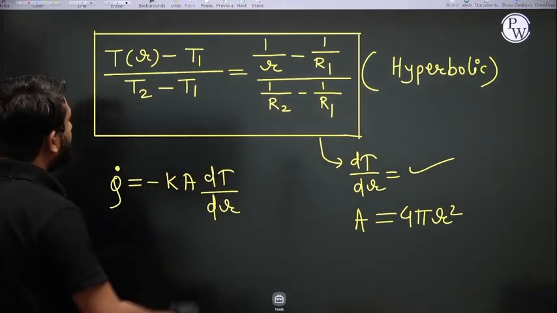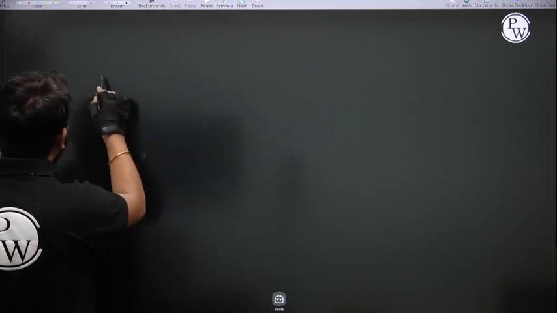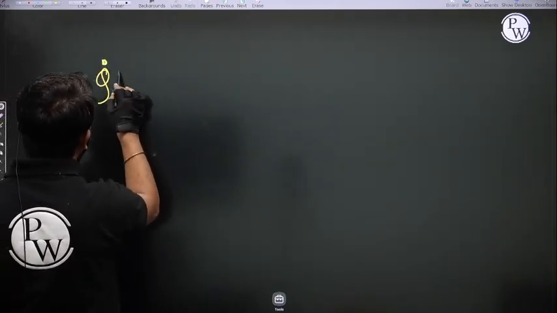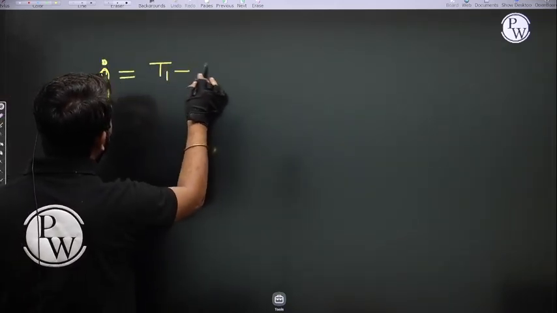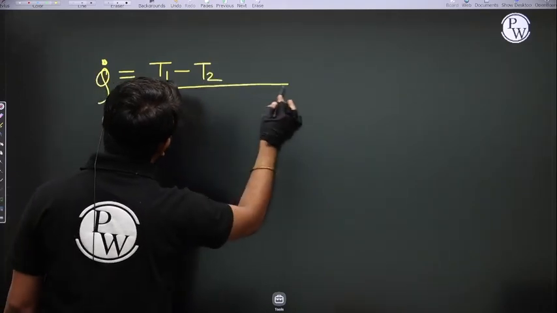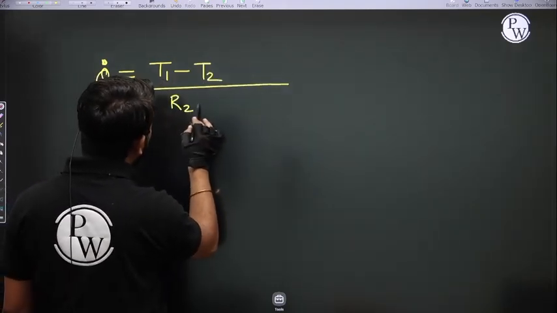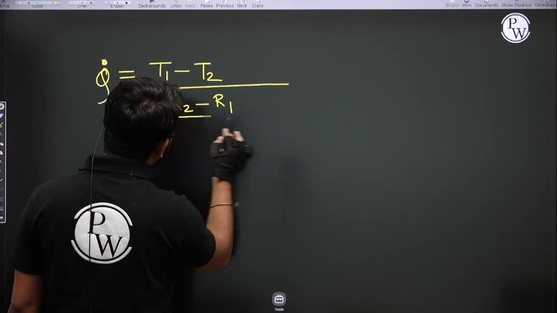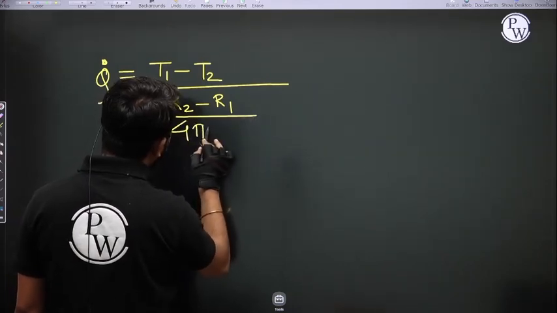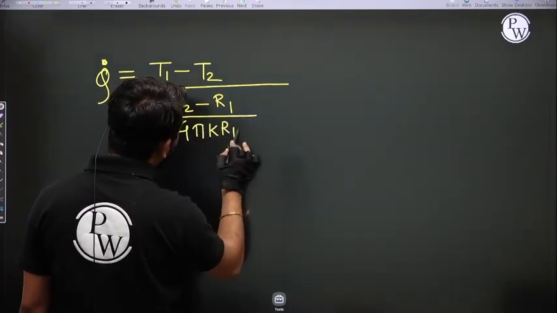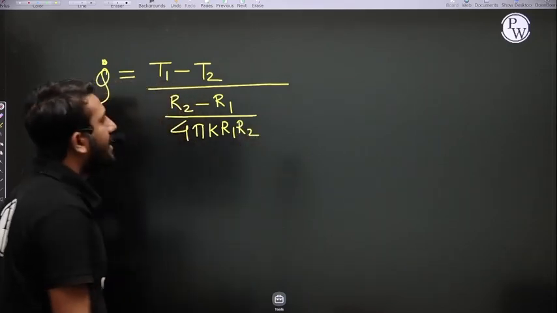So ultimately what you are getting is this mathematical expression. The rate of conduction heat transfer is T1 minus T2 divided by (R2 minus R1) over 4 pi K R1 R2.